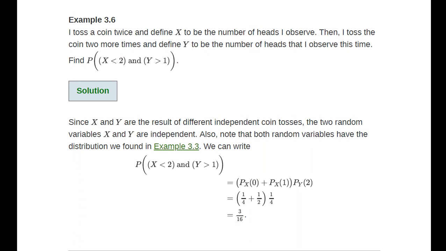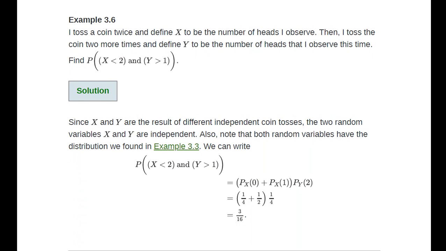Since X and Y are the result of different independent coin tosses, the two random variables X and Y are independent. Also note that both random variables have the distribution we found in the previous example.